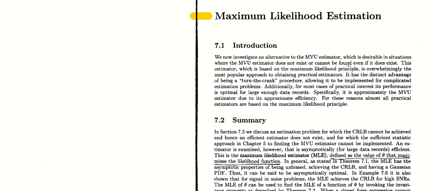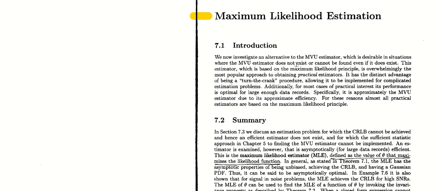So, if you remember, when we talk about BLUE, we were talking about a very limited subset of the estimators. As I said, for example, if you would like to do a DC level problem or a Gaussian noise problem, that is doable. That is possible for BLUE, but in many cases, it may not exist.